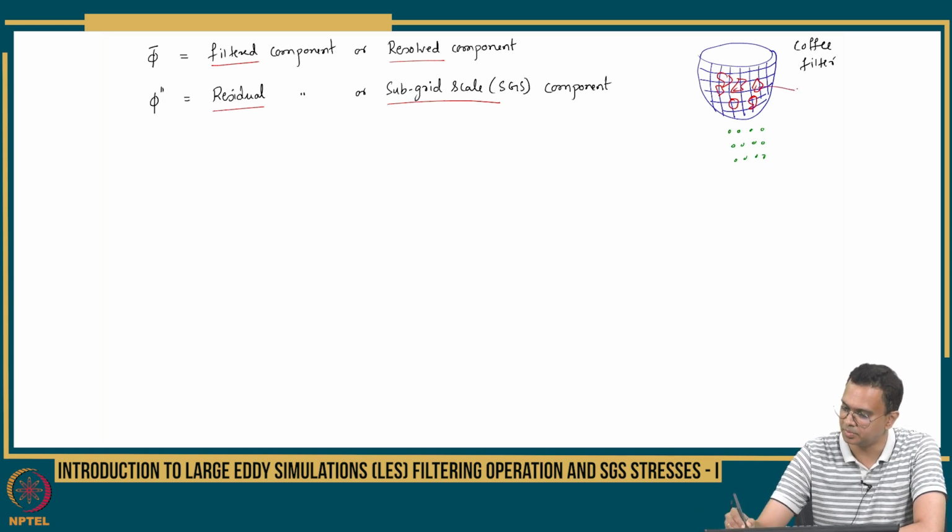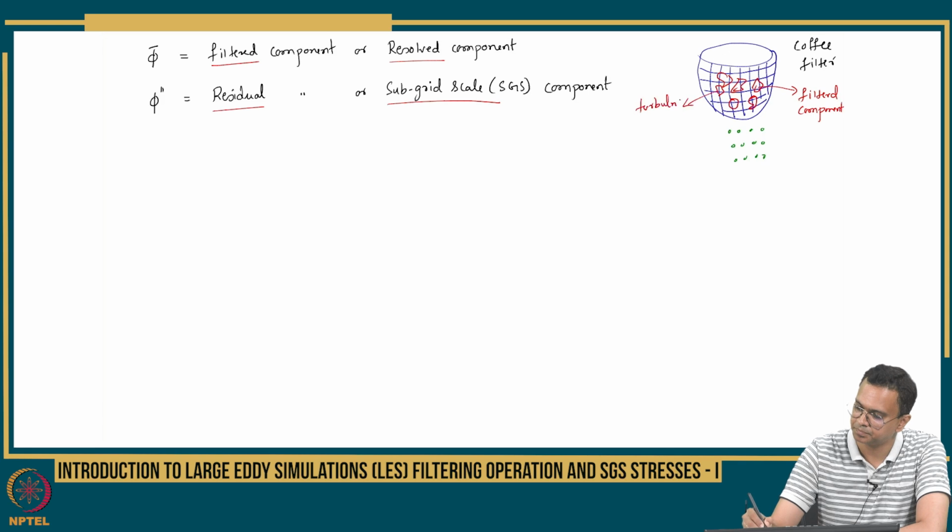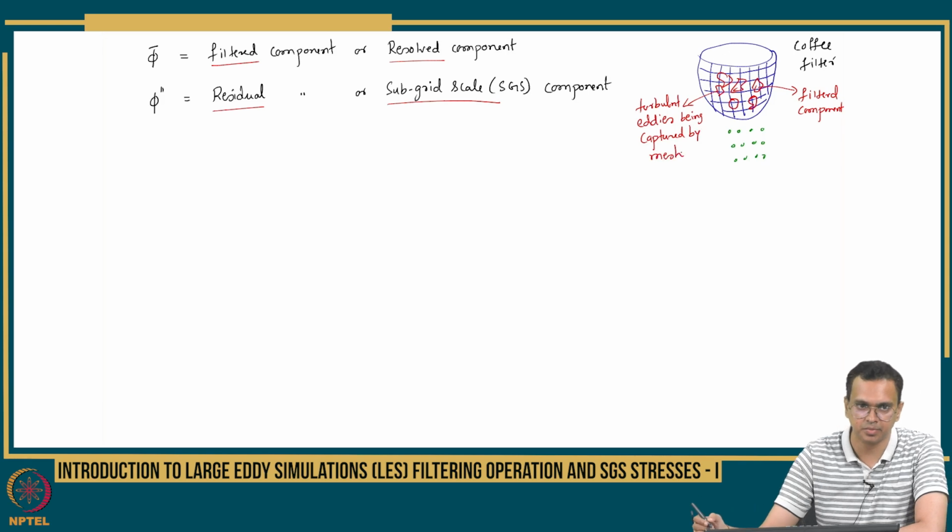So this red part here is the filtered component, the eddies that you are capturing, so turbulent eddies being captured by the LES mesh that you have used.